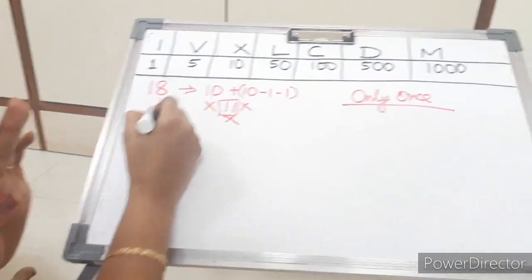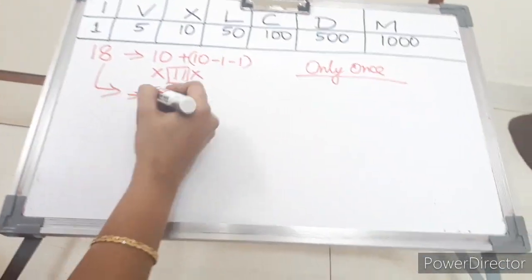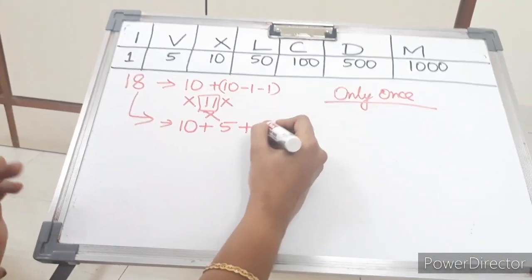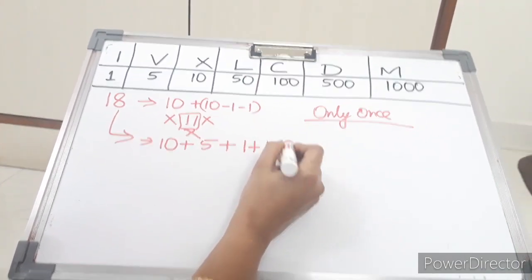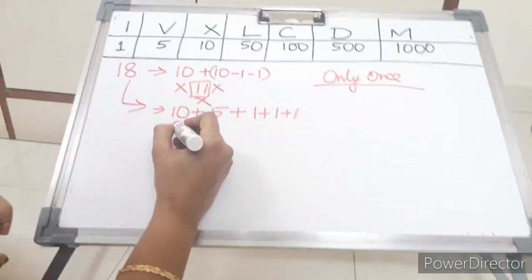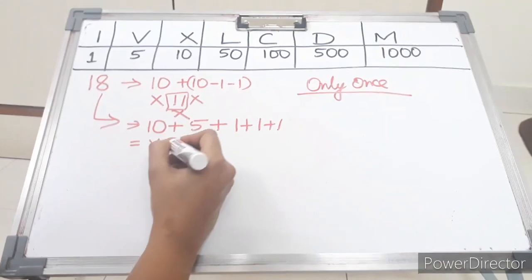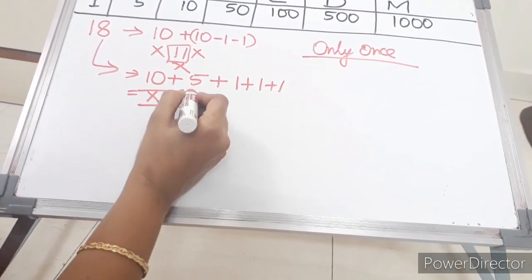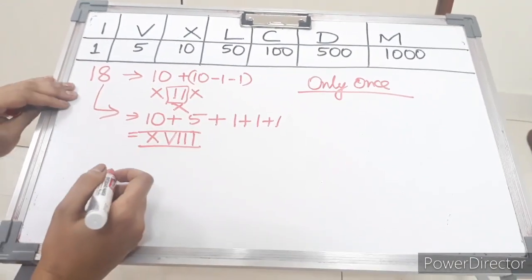So how can we write it here? Again we will bifurcate: 10 plus 5 plus 1 plus 1 plus 1. So the correct answer will be XVIII, and this is the correct Roman numeral for 18.